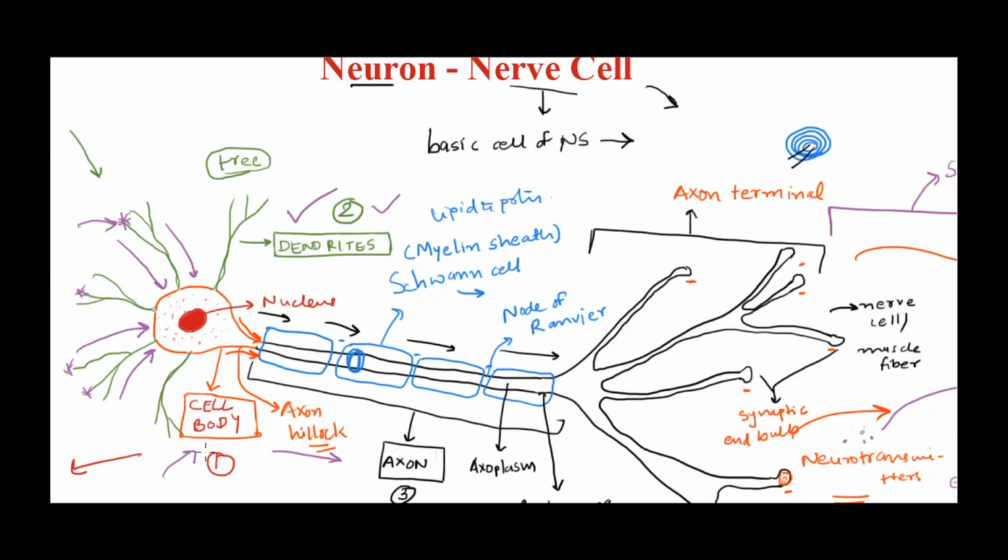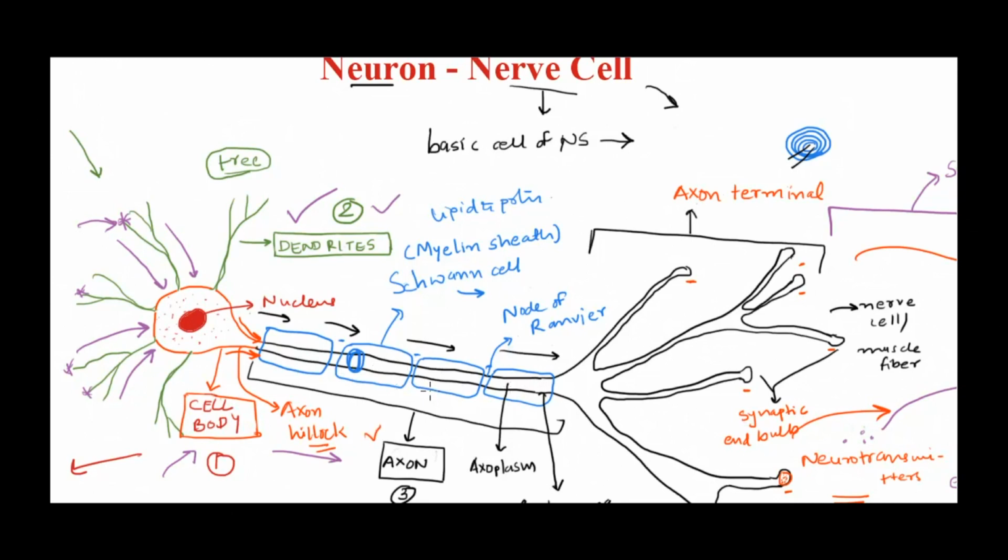Alright, so that's all. We need to know important three parts: cell body, dendrites and axon. Cell body, like any other cell, would have nucleus, cytoplasm and cell organelles. One side of the cell body has dendrites. They are named so because they look like tiny trees, branching trees, and the function of dendrites is to receive the signal, receive the nerve impulse. And the other side of a cell body is called axon, this long cylindrical portion.